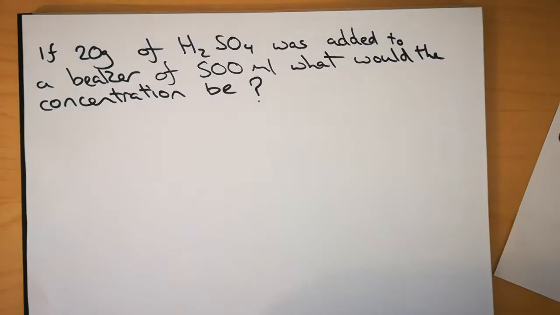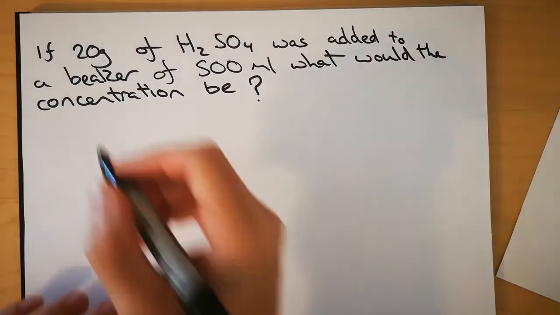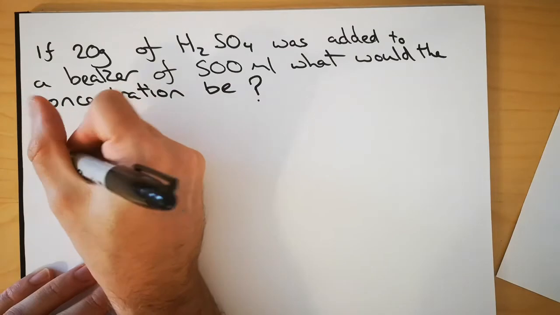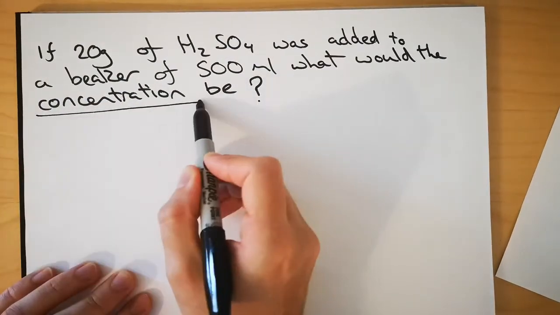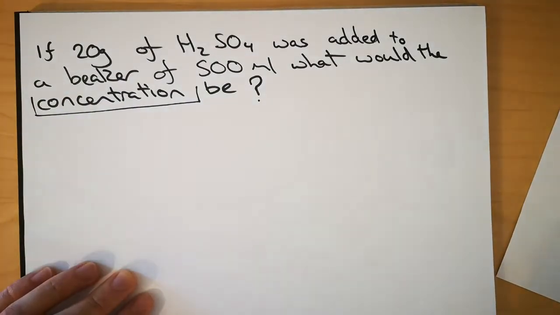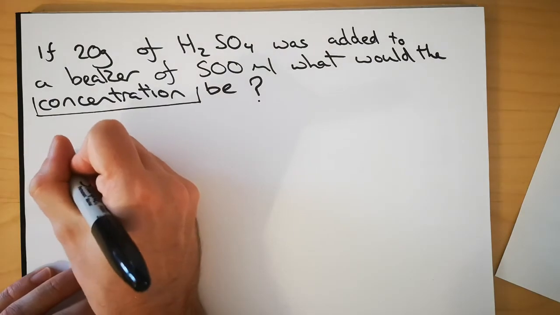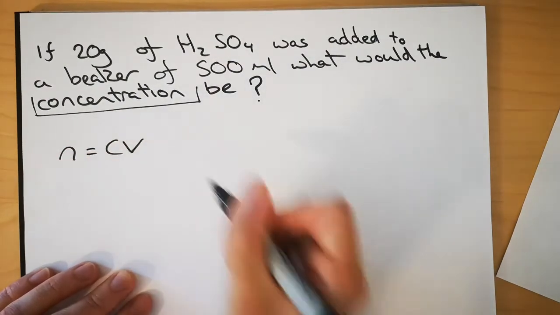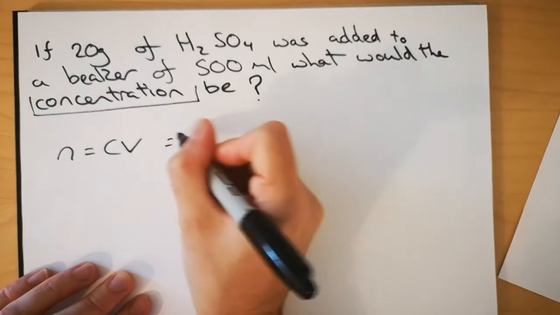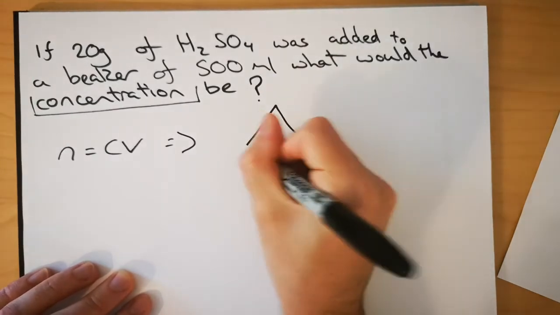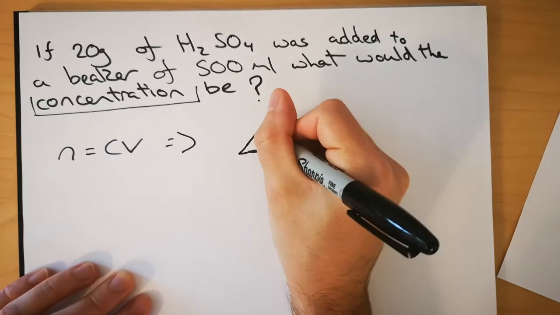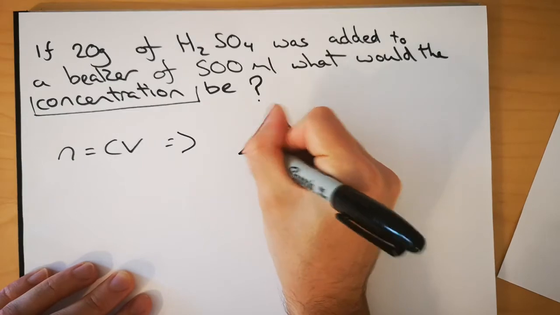Right, so the first thing that I want to do is I've got a concentration question. So from the front of my data booklet, I will see that I get this equation, and I wouldn't mind converting that into a triangle just to remind me how this all works.